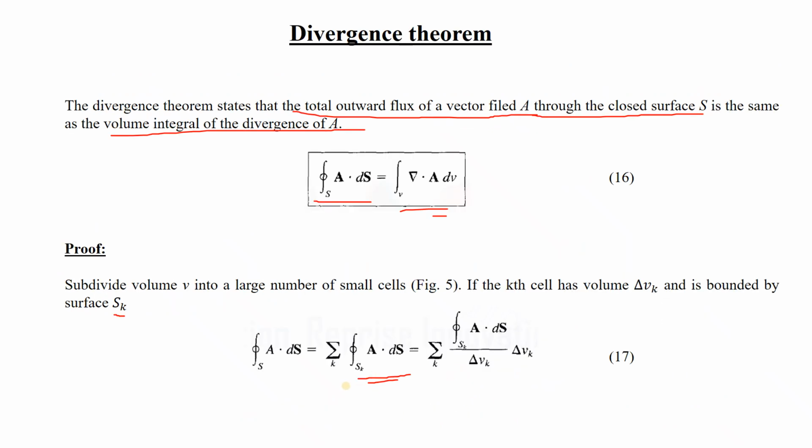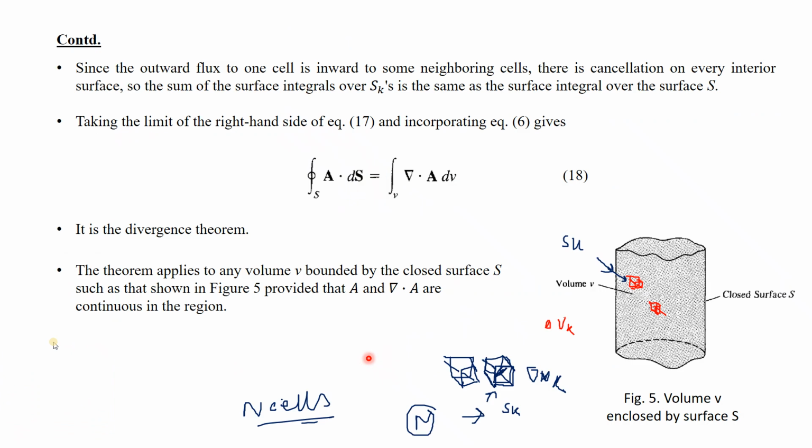This is one surface area of one particular cell, because each cell is having a surface area Sk. Follow like this.